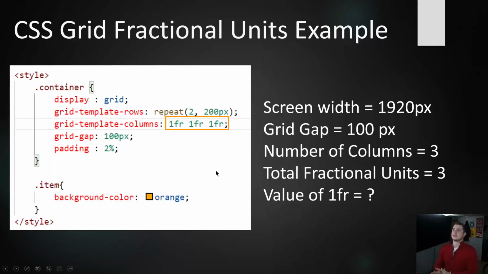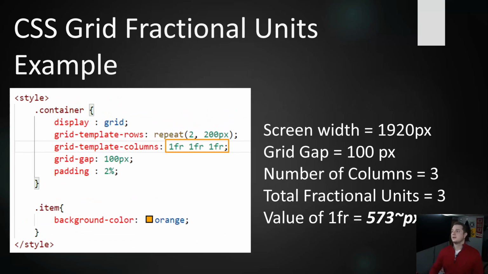Okay, CSS Grid fractional unit example. Okay, we got 1 FR, 3 times. What's that value? It's going to depend on your screen width. So at 1920 by 1080, which is most people's resolution at this point, that is the standard, we get a value of 573 pixels.